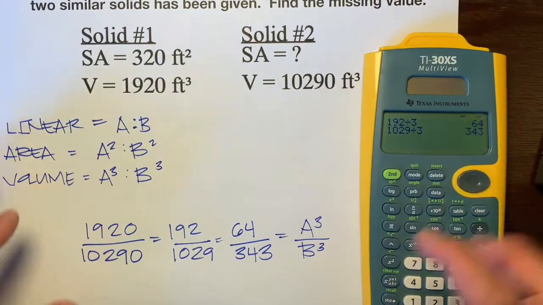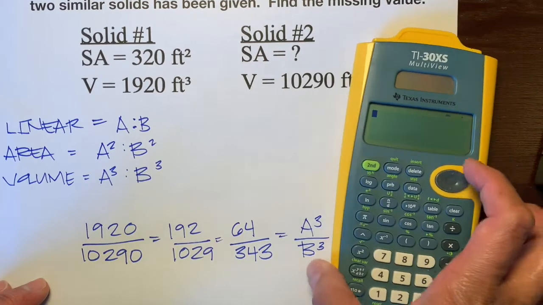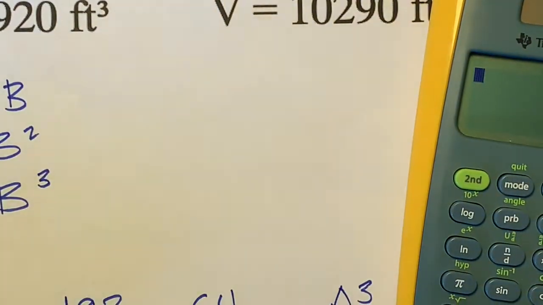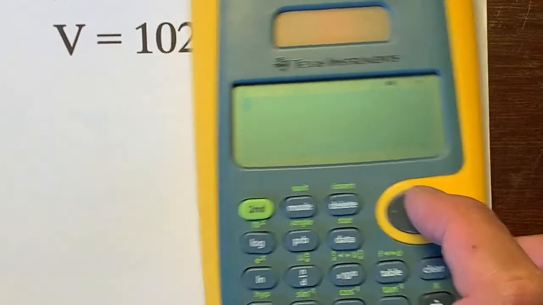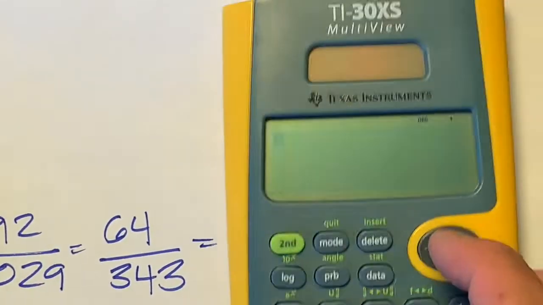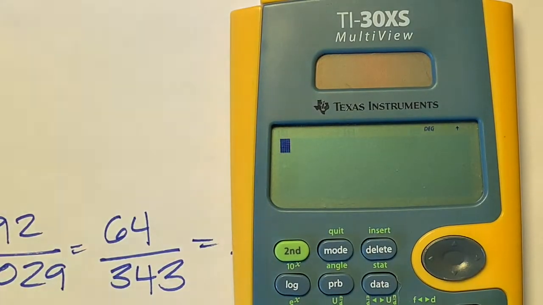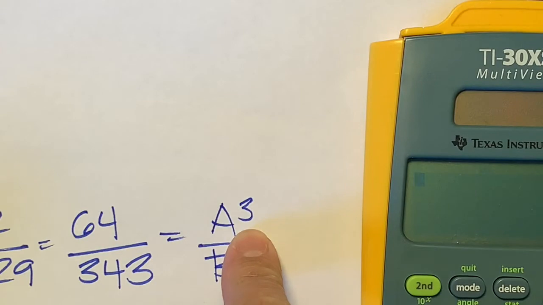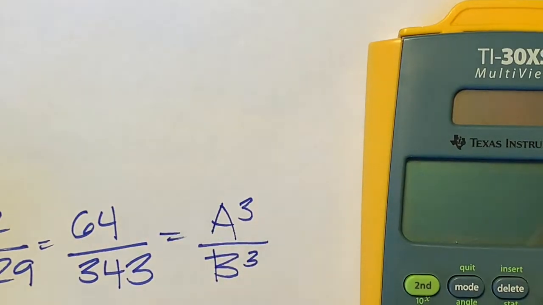An easy way to do that is to take your calculator. The opposite of cubing something is cube rooting.